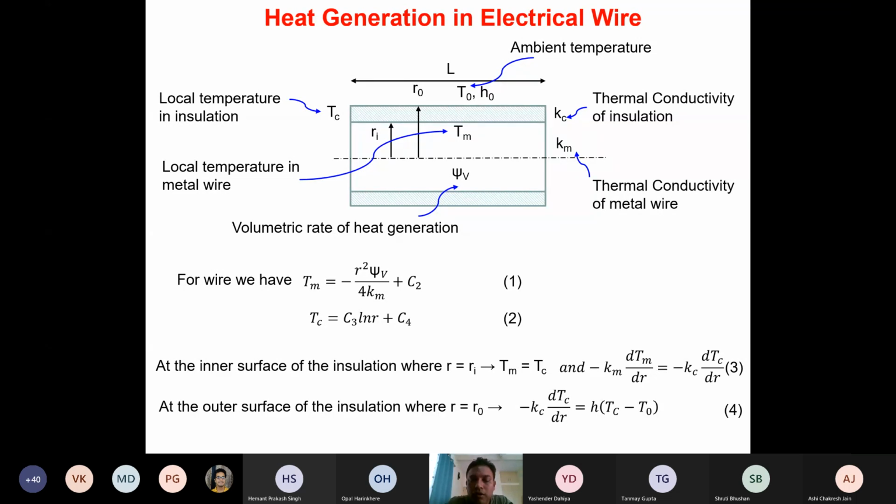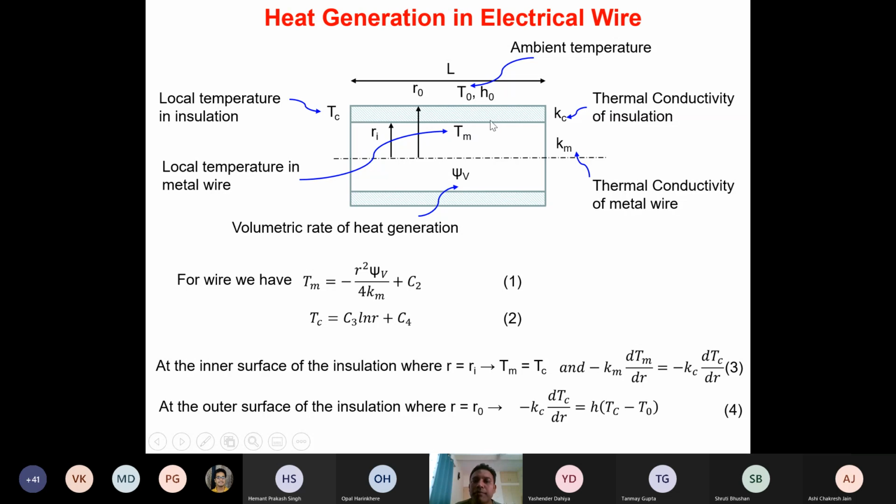So now again I am starting with the same final expression. I am not deriving this expression. We have anyway derived equation number 1 and equation number 2. In this particular case, again just to give a recap, there is an electrical wire conducting the current. Heat is generated because of the resistance, and the heat is dissipated along the radial direction.